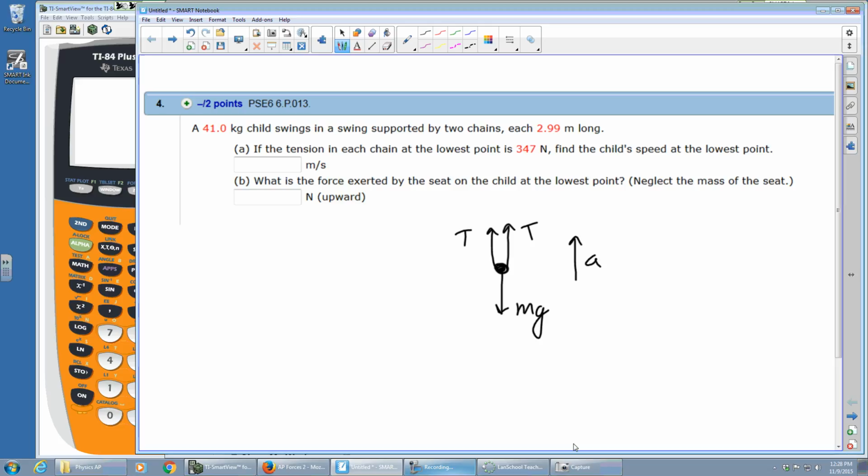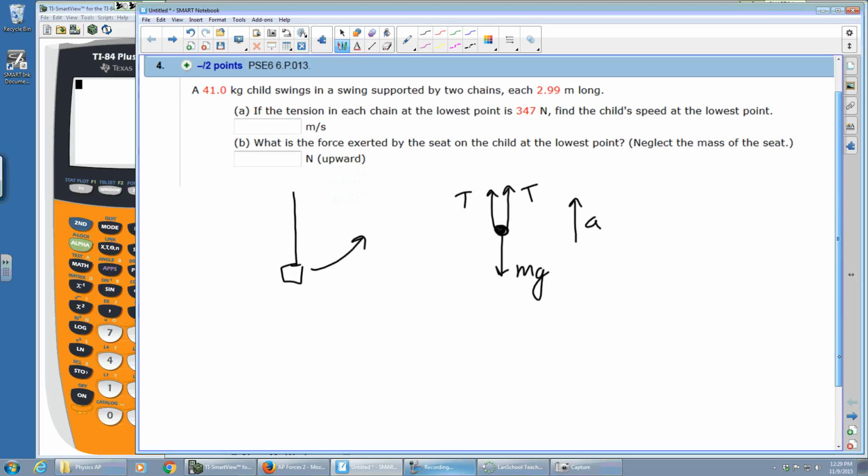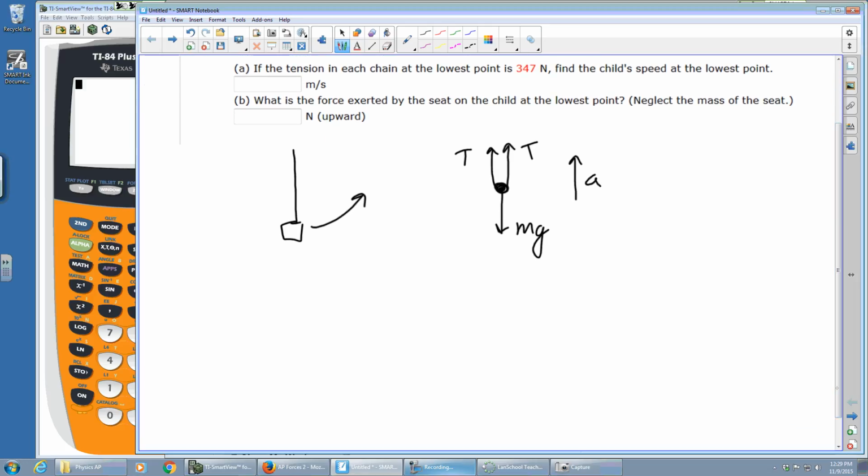And then, of course, I have the child in circular motion here. If I was to draw a picture of the child, they're moving like that, with the radius being 2.99 meters. In this case, the tensions are providing the force needed for this upwards acceleration.